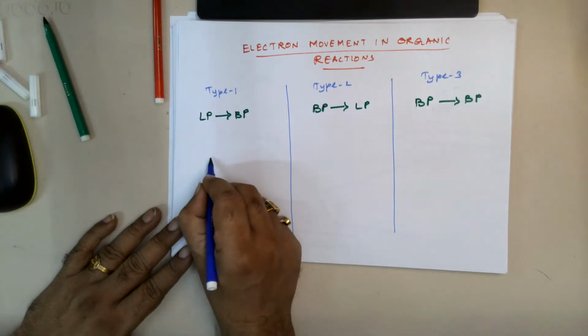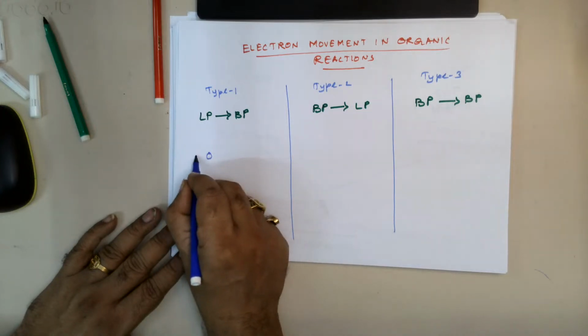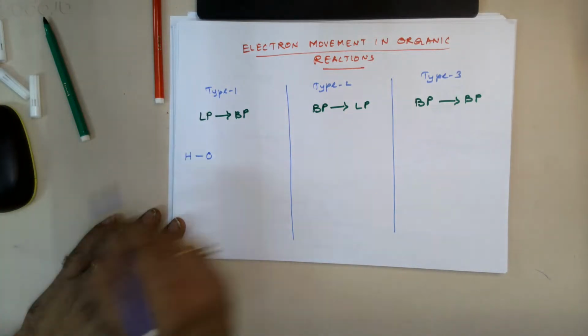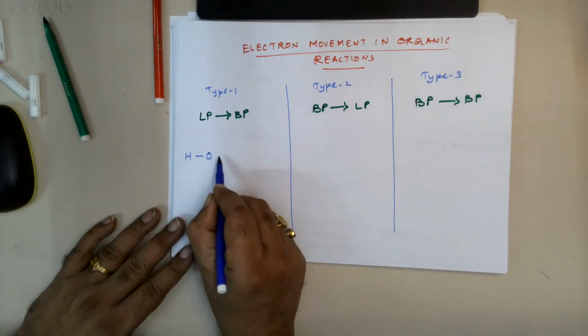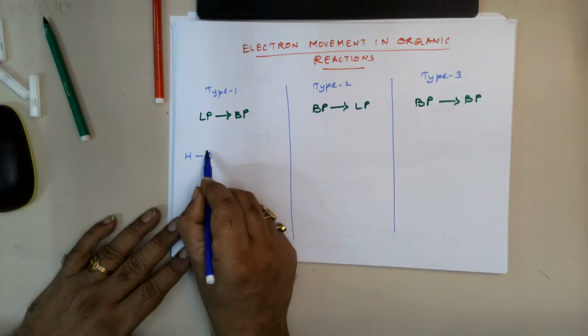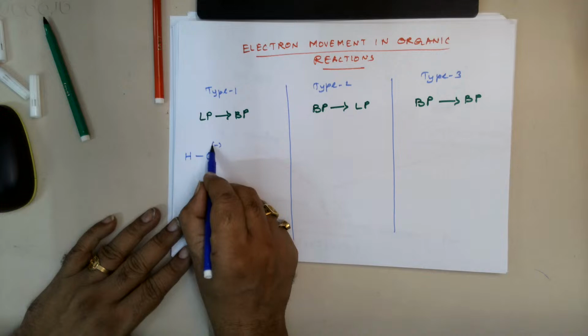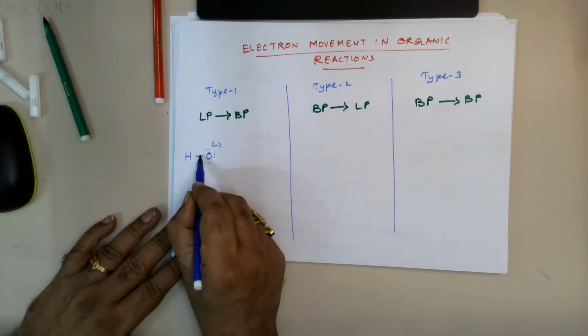So here you have a hydroxyl group like this, OH. You should be aware of the electron dots also. So this is OH minus, so it can be put minus. OH minus means 7 electrons: 2, 4, 6 plus 1, 7.